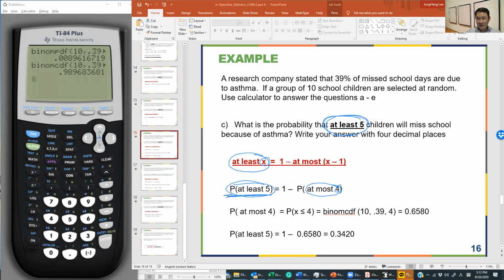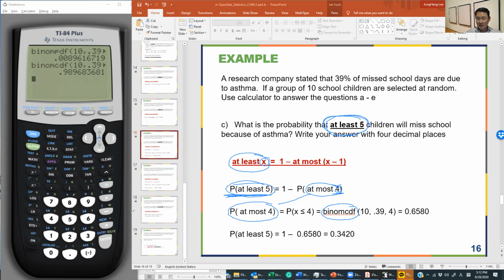If this is at least 5, then we have to do 1 minus at most 4. So how do you find at most 4? Remember that at most 4 is binomial CDF.